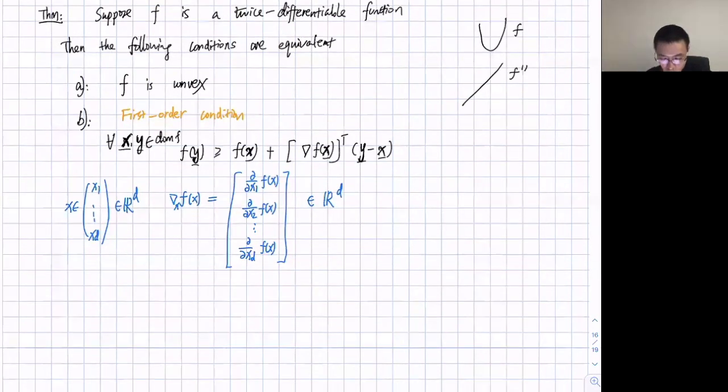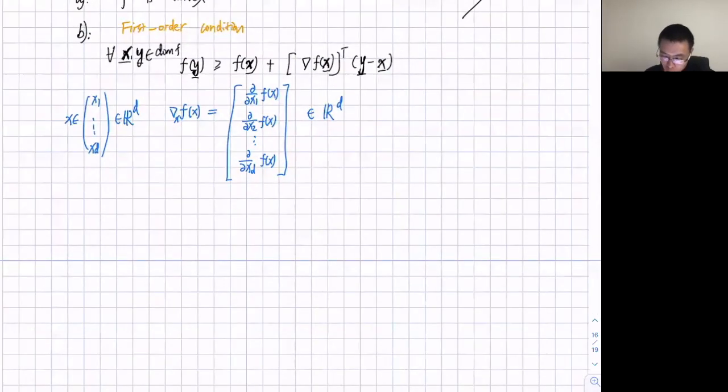So pictorially, this condition says I have a function and it's curving up. The gradient is the slope of the line that is tangent to the shape at some point. Let's say this is my x and this is my y. Then the gradient at this point is the slope of this tangent line.